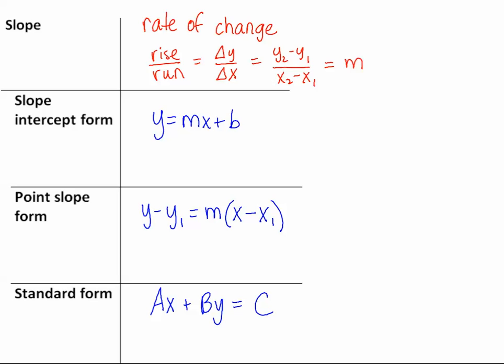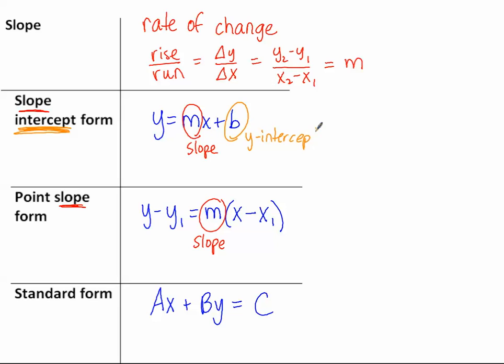In all of these forms, or the first two anyway, where there's slope involved, the m represents the slope, the number that's multiplied in front of the x. That's the slope. In also these forms, we have the point that we start at, either the y-intercept, which is the b in slope-intercept form. This is the y-intercept.